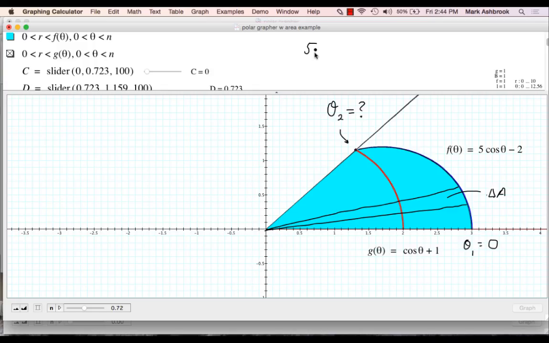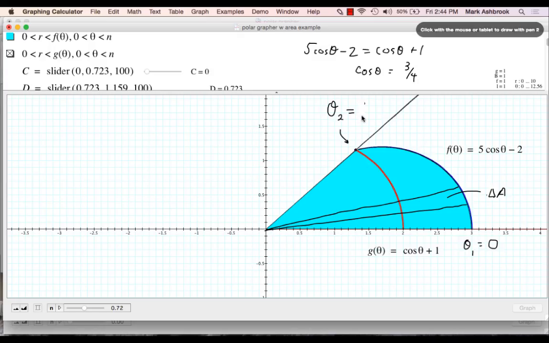So 5 cosine theta minus 2 equals cosine theta plus 1. So what do we get? Cosine theta is 3/4. Arc cosine of 3/4.